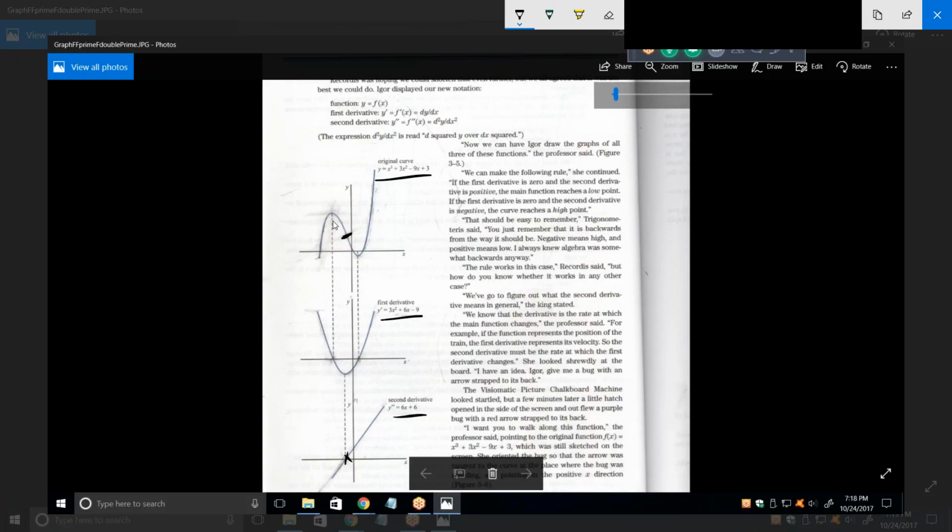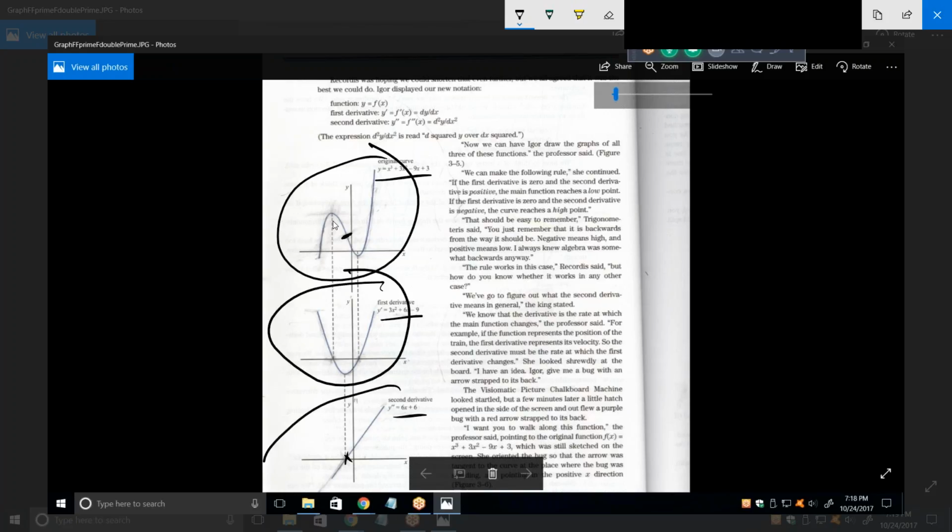As you take derivatives, you reduce the power by 1 degree each time, right? Multiply by the exponent and subtract 1 from the exponent. So this is a cubic, this is a quadratic, and this is a linear. And all the rules apply.